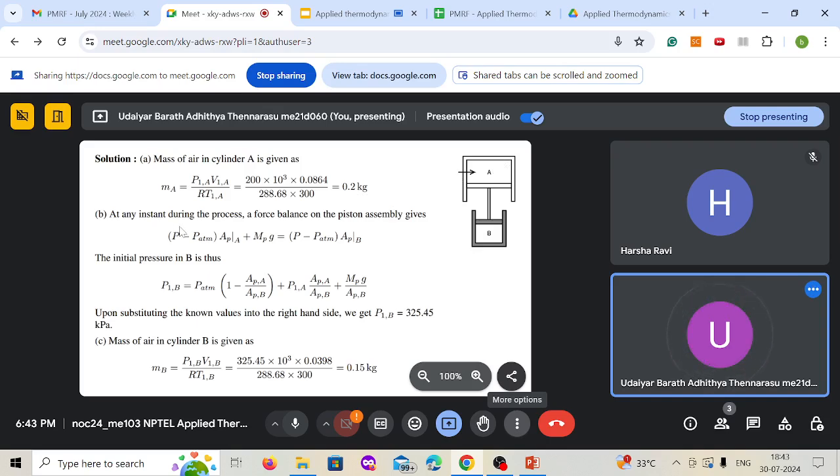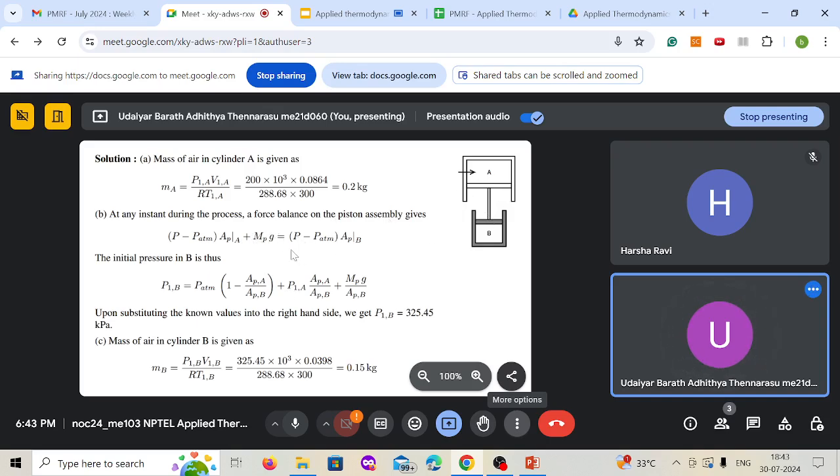At any instant during the process, a force balance on the piston assembly gives the following. The pressure exerted by cylinder A and the atmospheric pressure acting upwards give a net force, P minus P atmospheric, and then there is a force acting downwards for the weight, mass of piston into gravity.